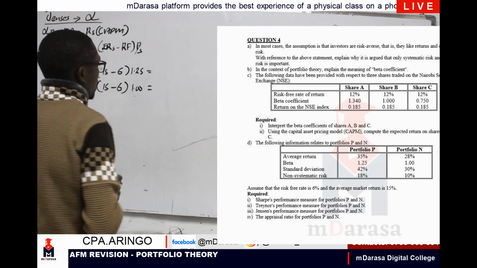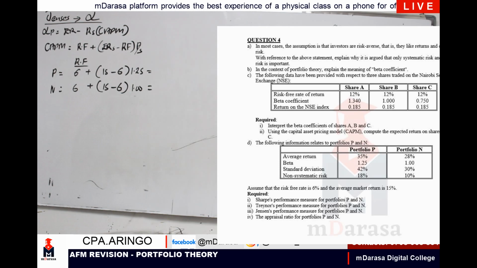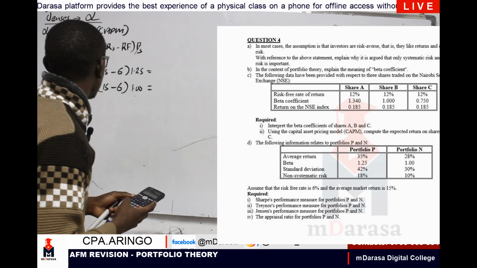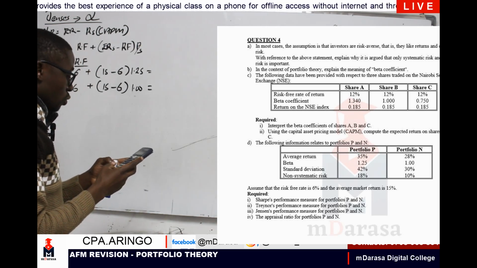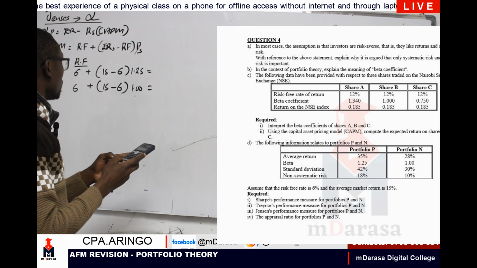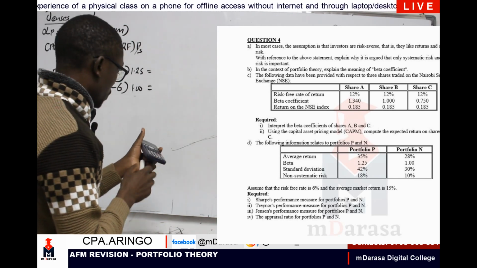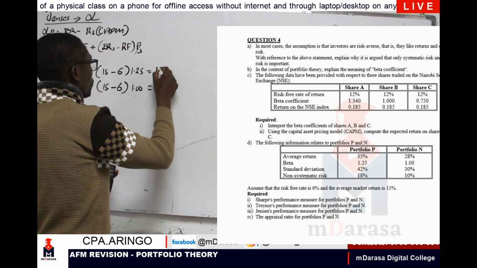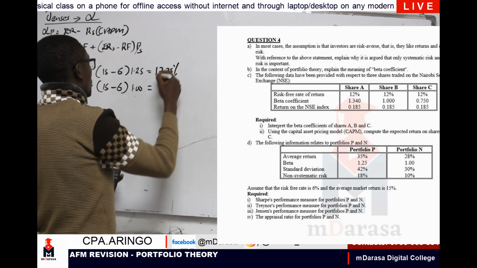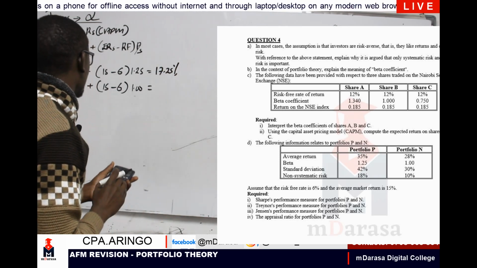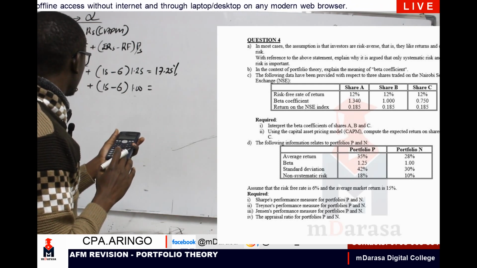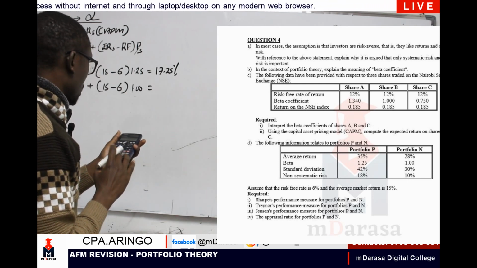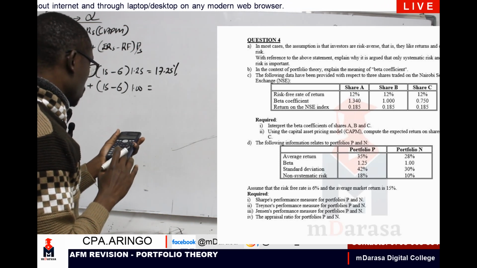So at the end of the day, this will be easy because I'm having 15 minus 6 times 1.25 plus 6 to give me a figure of 17.25%. Whereas the other one I'll be having, of course, 15 minus 6 times 1 plus 6 to give us 15%.